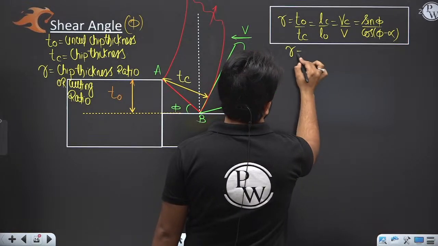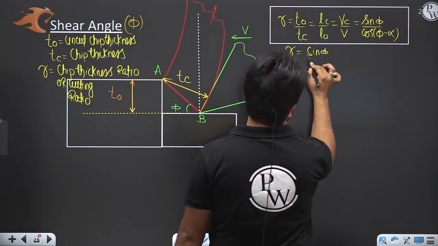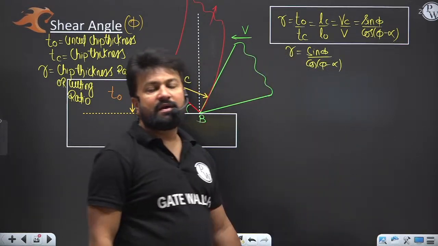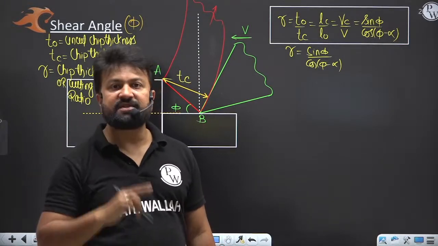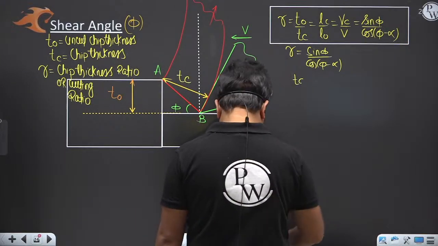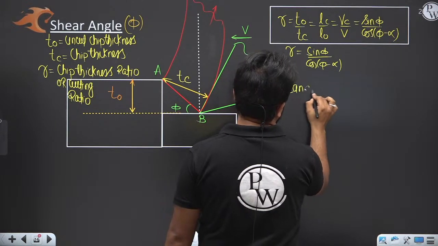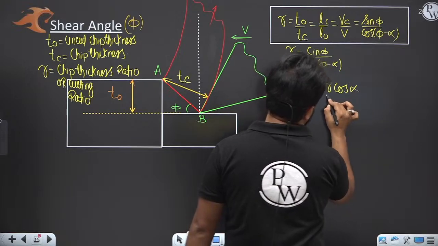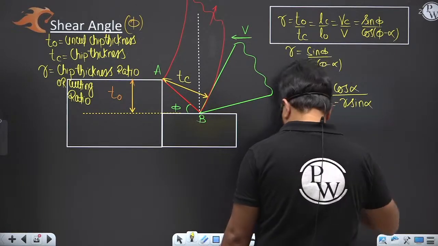When you simplify r equal to sine phi divided by cos of phi minus alpha, breaking down cos of phi minus alpha like cos of a minus b, you will get the formula tan phi equal to r cos alpha divided by 1 minus r sine alpha, my dear.